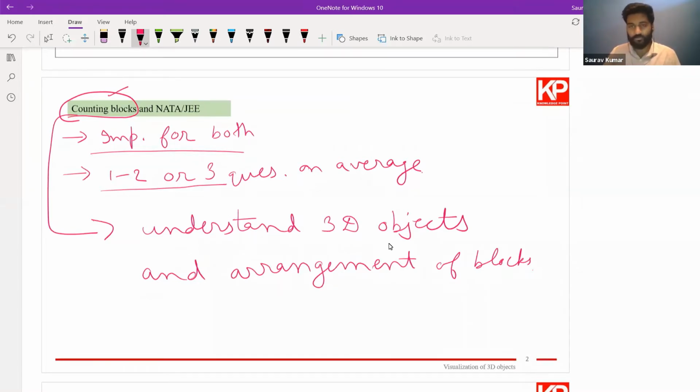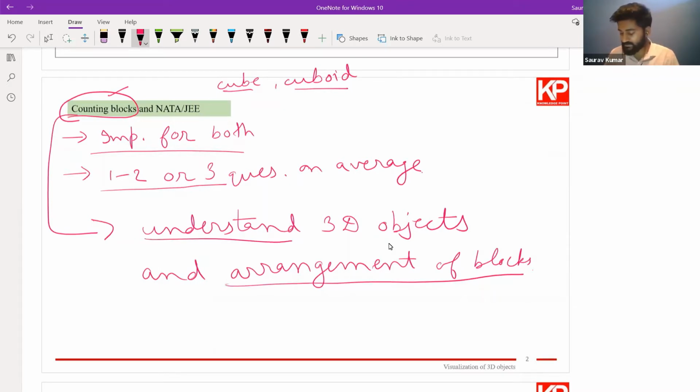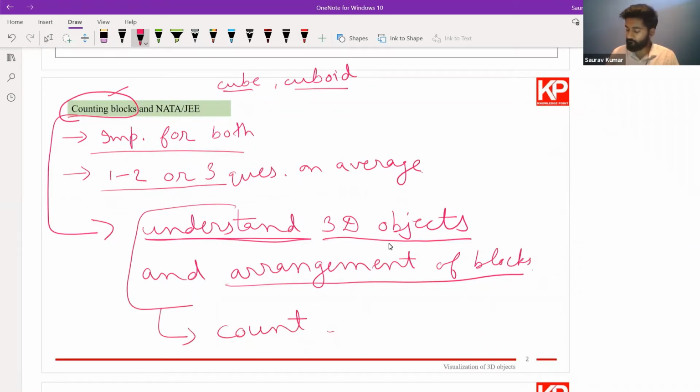In counting blocks, you will majorly be getting only a cube or a cuboid. These will be arranged one over the other or in any kind of arrangement. You need to understand that arrangement that is making this 3D object, and then after this understanding, you need to count the blocks.